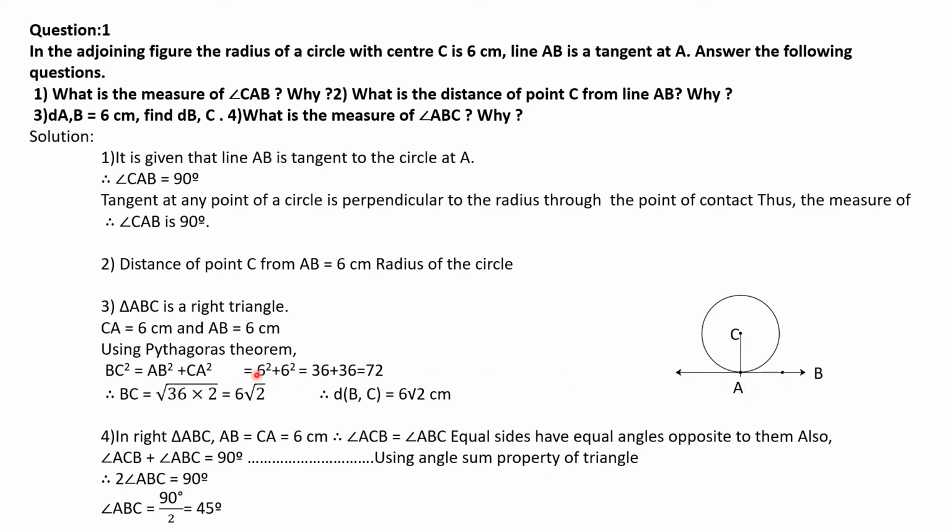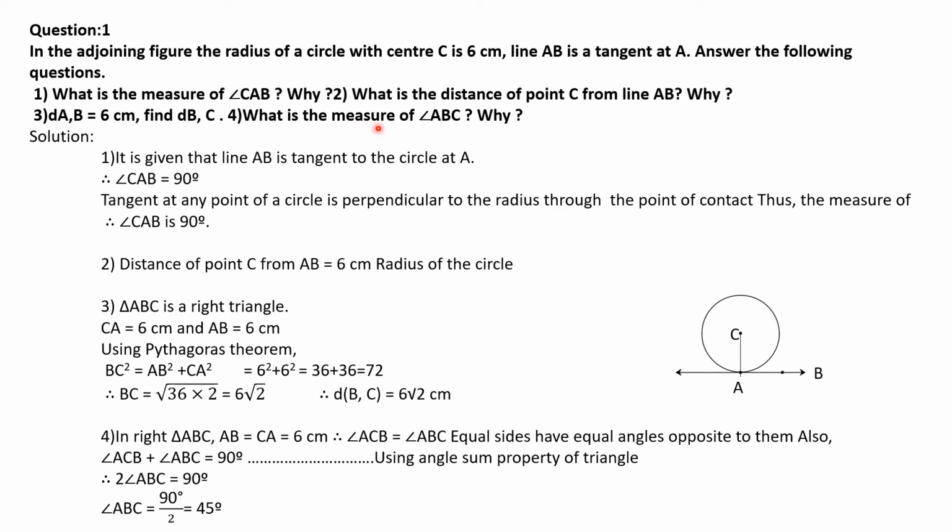Substitute the given values: 6 square plus 6 square is equal to 36 plus 36, which is 72. Then taking the square root of both sides, BC is equal to square root of 36 into 2, which is 6 root 2. So distance BC is equal to 6 root 2 centimeters.